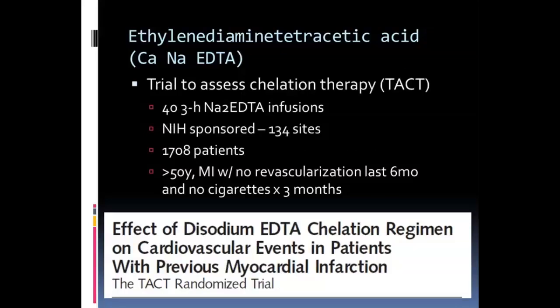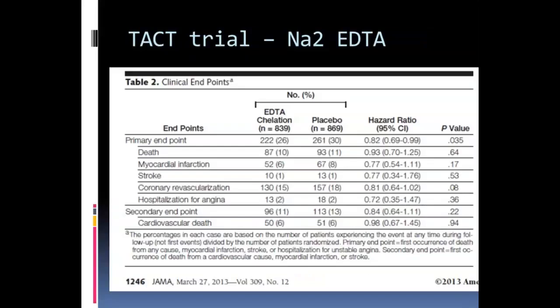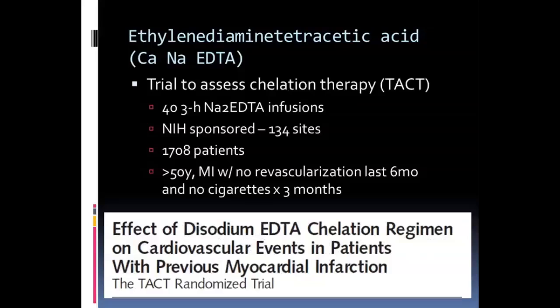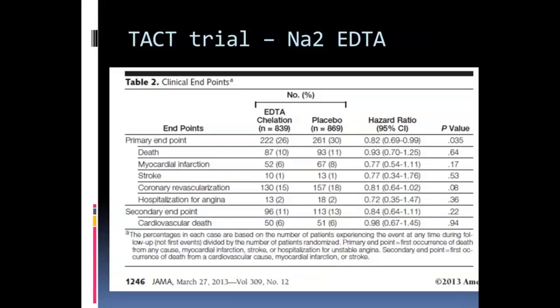So, interestingly, it was a very large NIH study, and it was 1,700 patients, over 100 sites. It was patients over 50 with an MI, with no recent revascularization or smoking, and what they did was they gave them, I think about 40, if I remember correctly, 40 3-hour disodium EDTA infusions, looking for endpoints.